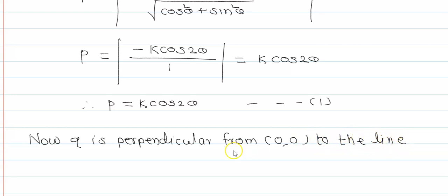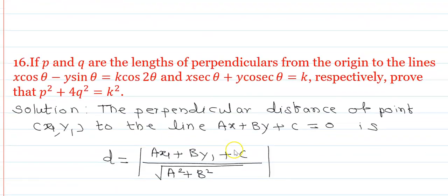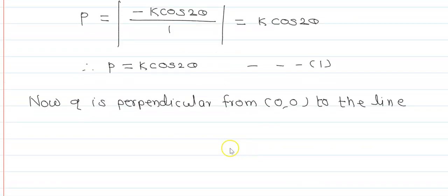Okay, now which is the line? That is x sec theta plus y cosec theta is equal to k.